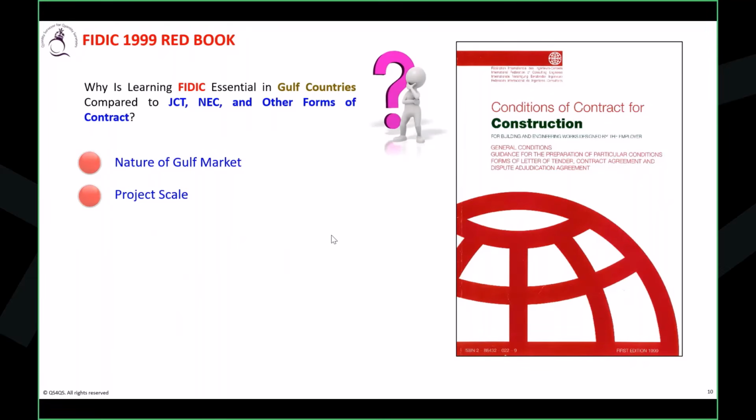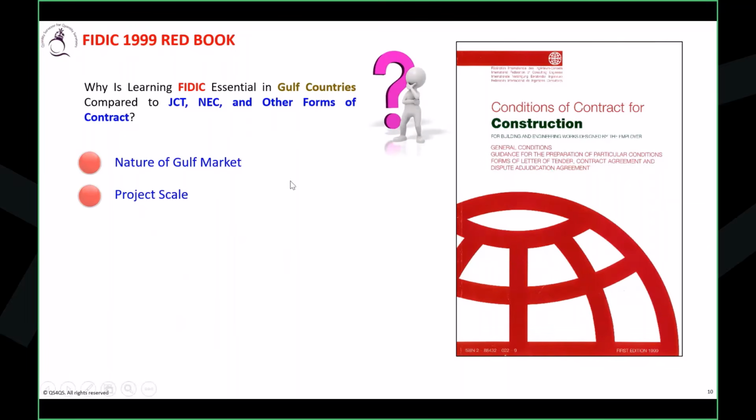This Gulf industry has larger projects, mega scale projects, buildings and infrastructure. So FIDIC itself was made specifically for complex, high value projects, not like JCT or NEC, which focus more on building projects. And it is more suitable compared to JCT and NEC.